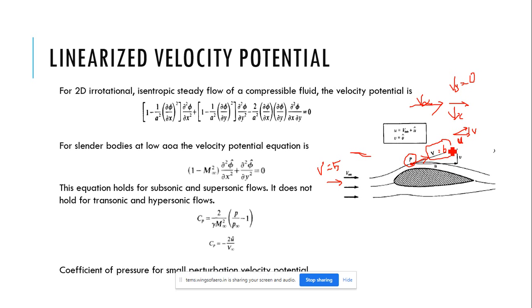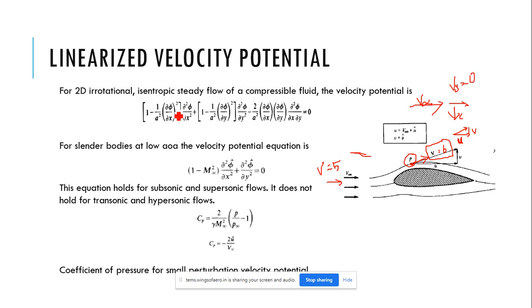So the small increment in velocities is called the perturbation. Based upon that we will be solving some set of equations, and we found a velocity potential equation, which is called the linearized velocity potential. Same way for supersonic flow also we will be having some perturbation potentials. That means there also some increment in velocity will be there, and we will derive some equations for that, but no need of those derivations, only we need the equations alone.